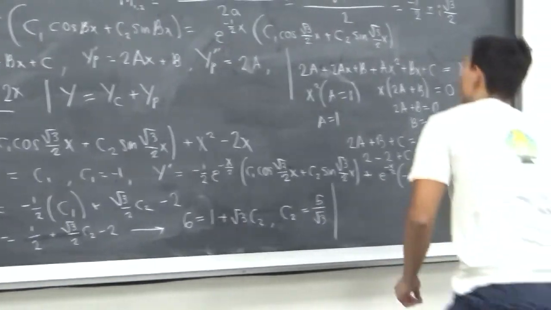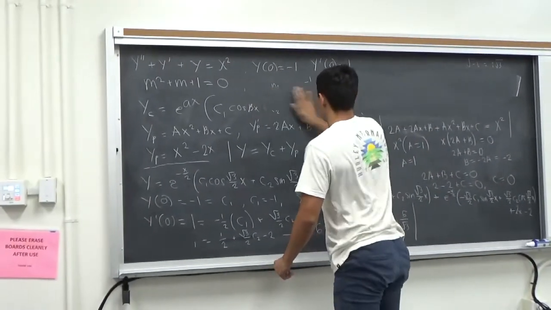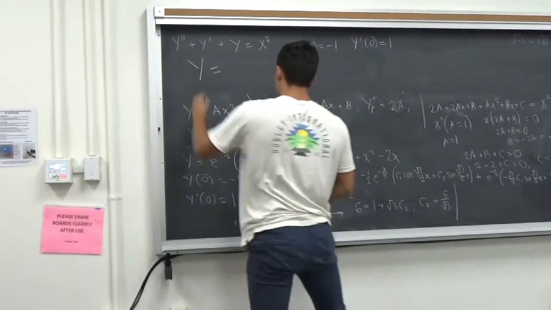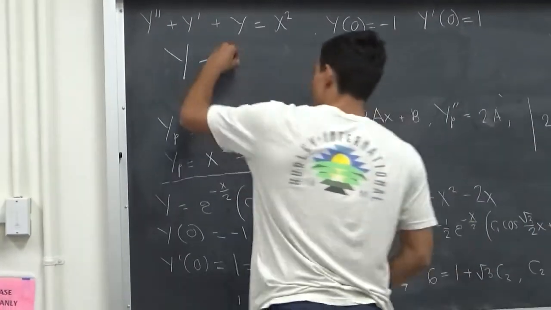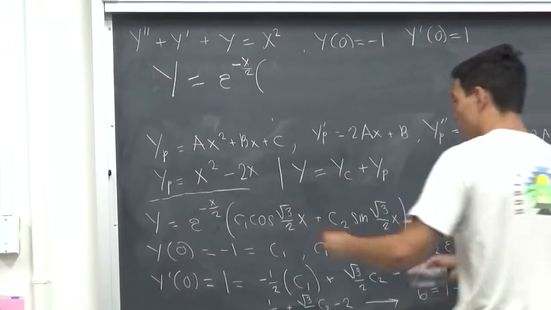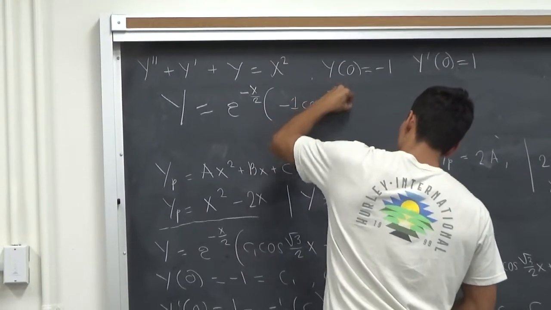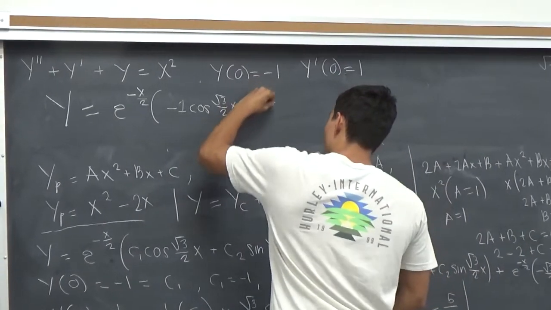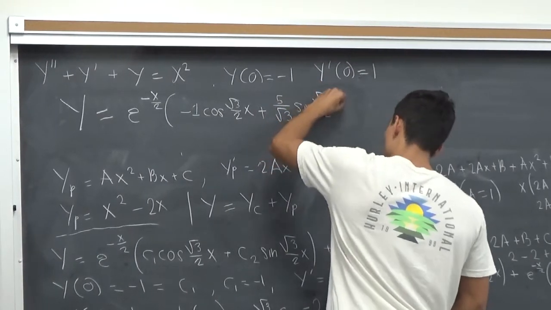Okay, so I'm going to erase up here because I need to write my answer somewhere. Okay, so y, this is the answer, right? We had a lot of little mini answers, but this is the final answer. It's e to the negative x over 2, c1 was negative 1, so negative 1 cosine square root 3 over 2x plus c2 is 5 over square root 3 sine square root 3 over 2x.